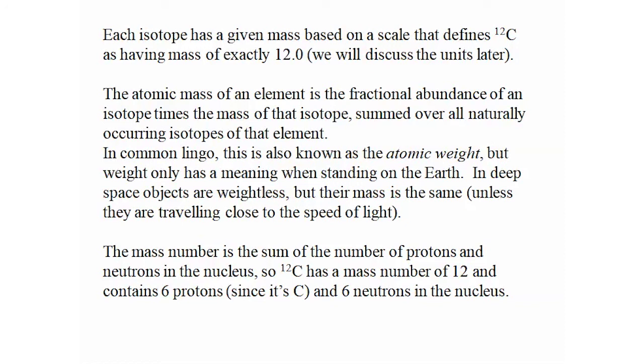In deep space, objects are weightless, but their mass is the same, unless they're traveling close to the speed of light, but that we're not going to get into. The mass number is the sum of the number of protons and neutrons in the nucleus, so carbon-12 has a mass number of 12 and contains 6 protons, since it's carbon, and 6 neutrons in the nucleus.